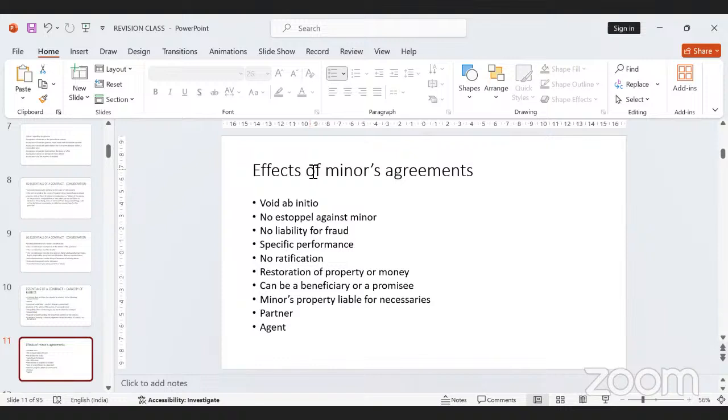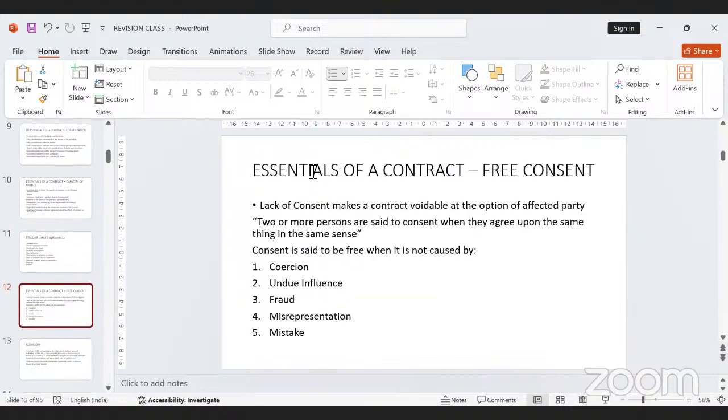Now, if that money lender lends me money for these purposes, that money lender can get his money back from my property. So a minor's property is liable for the necessaries that the minor has taken. This is an important point that you have to remember.